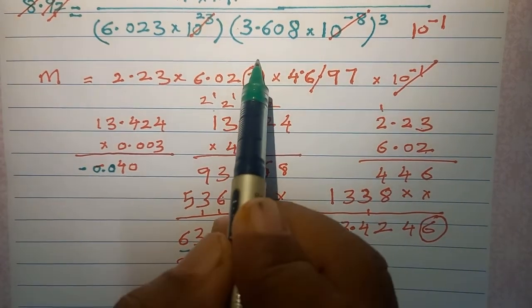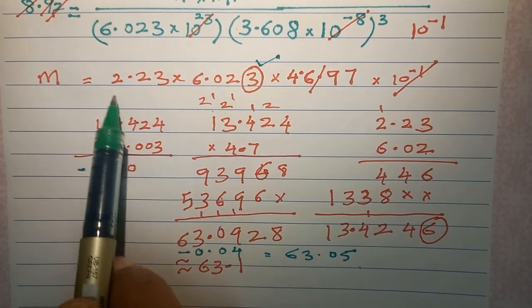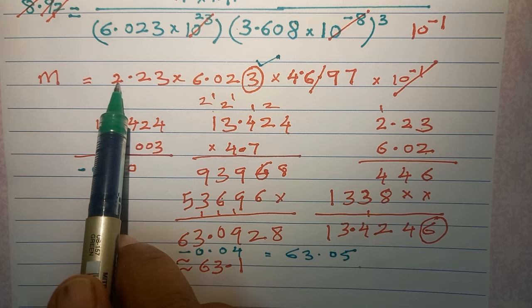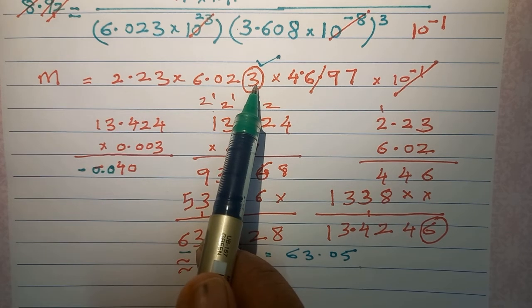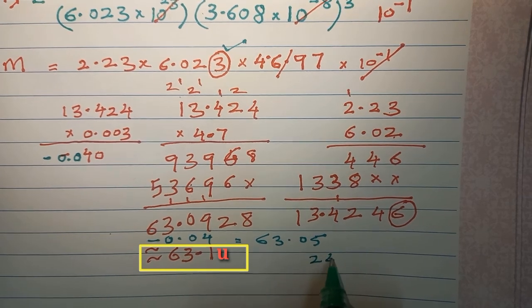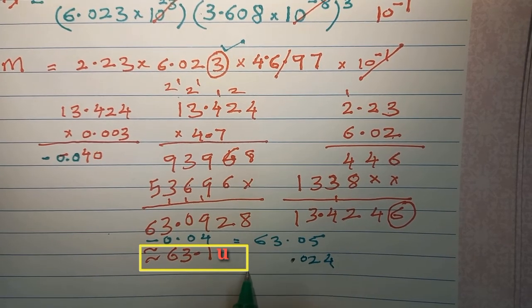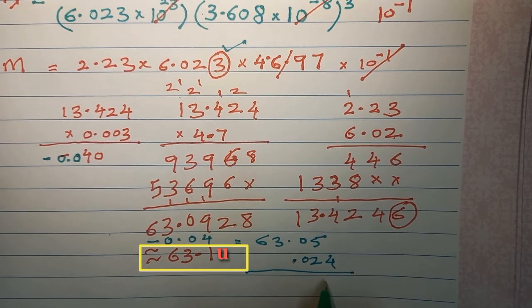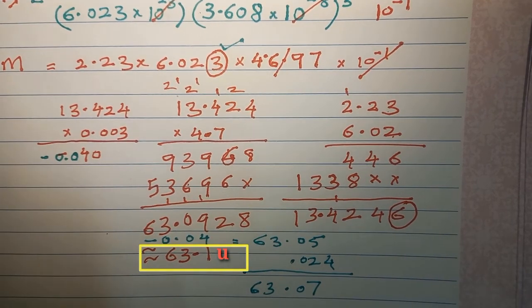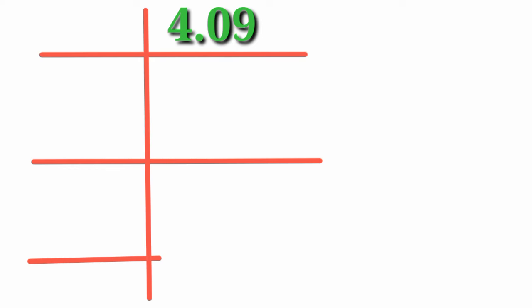If we take these 3, then 4 into 2 is 8, 8 into 3 is 24. Decimal point from third place. Then our answer is changed to 63.07. I solved 409.